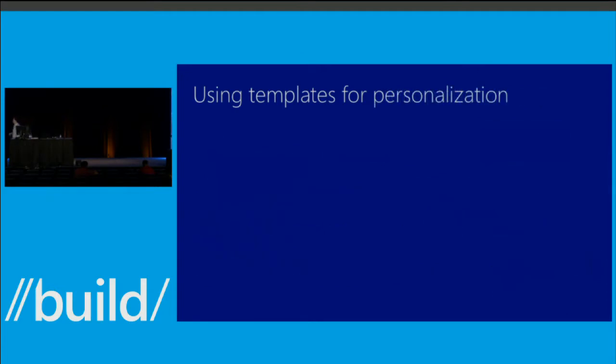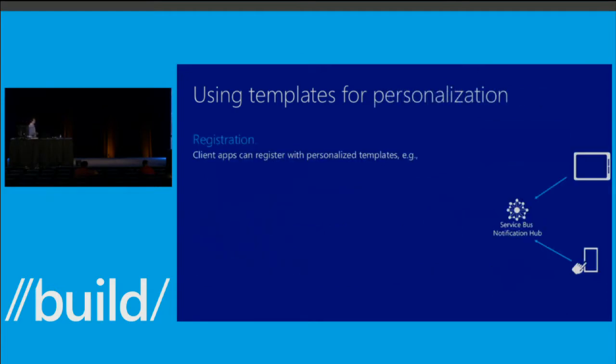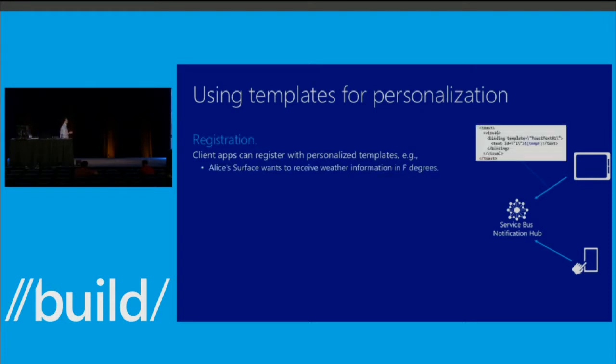So templates can also be used for personalization. Again, let's assume that our Surface here wants to receive weather notifications in Fahrenheit degrees. Of course, you can have a more complex situation, but just to fit it in a slide I just have the temperature there.